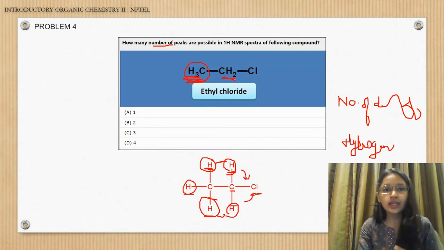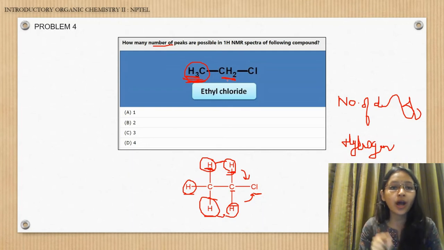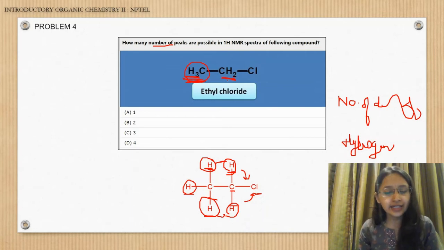Is it clear? Yes, ma'am. Based on the chemical environment, you have to look at the number of chemically different hydrogens present in the system to answer these kinds of questions. The number of peaks is directly dependent on the number of chemically different hydrogens.